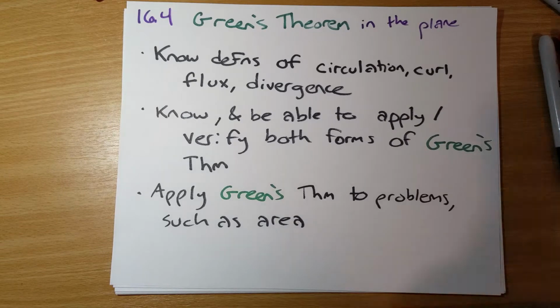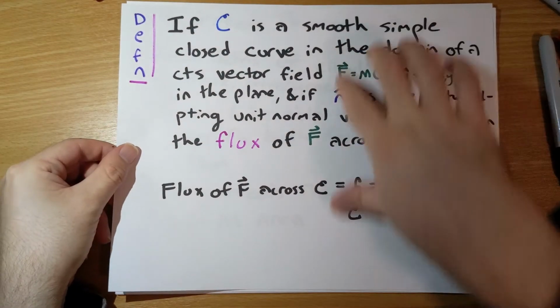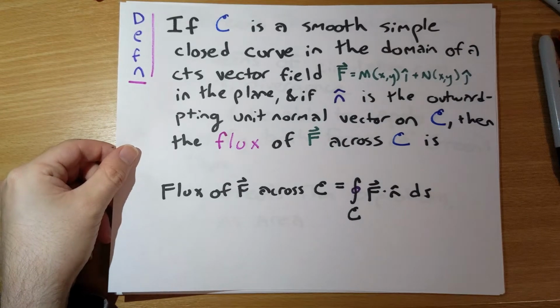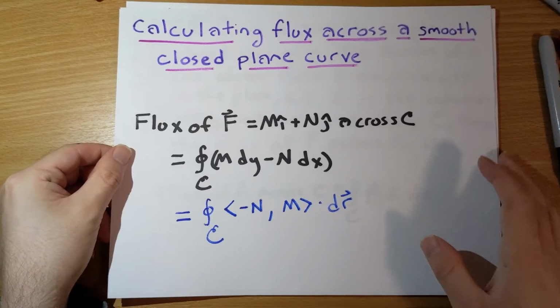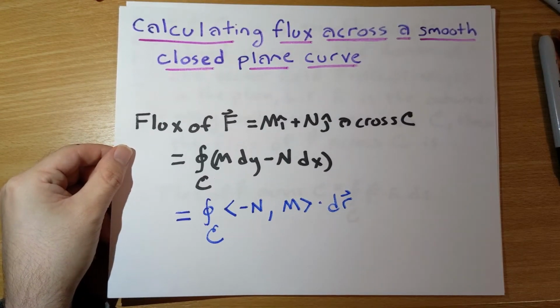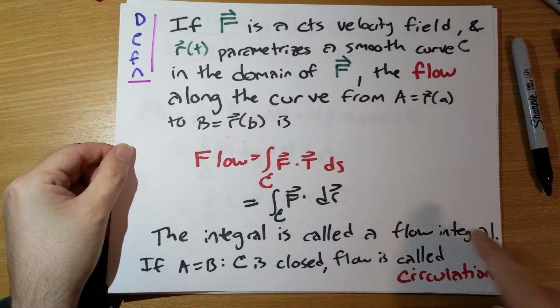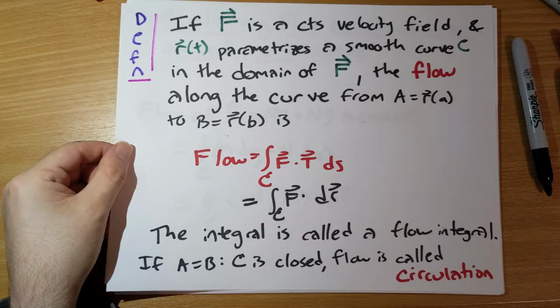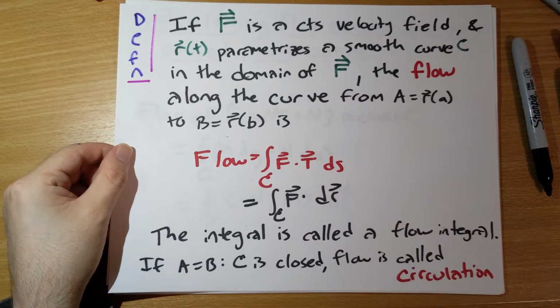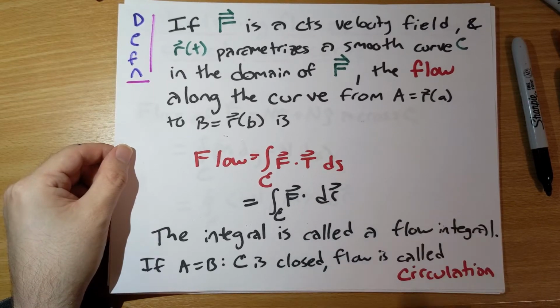So here is flux. Remember this definition, this is how we calculate flux. And then we have the definition of flow here, and at the end I said if your loop is closed, it's circulation.